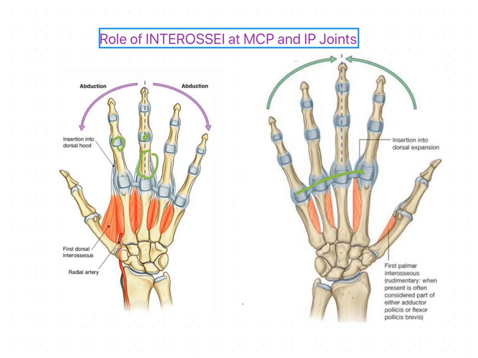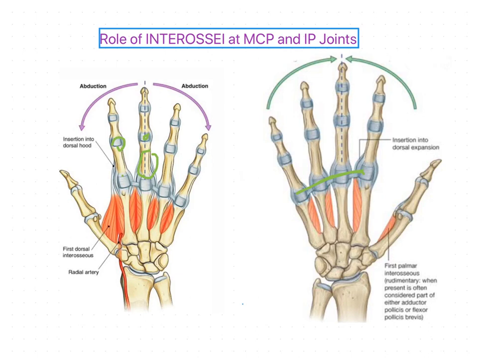So flexion is taking place at the coronal axis at the MCP joint. All the interossei muscles are flexors of the MCP joint. These are the flexors of the MCP joint.